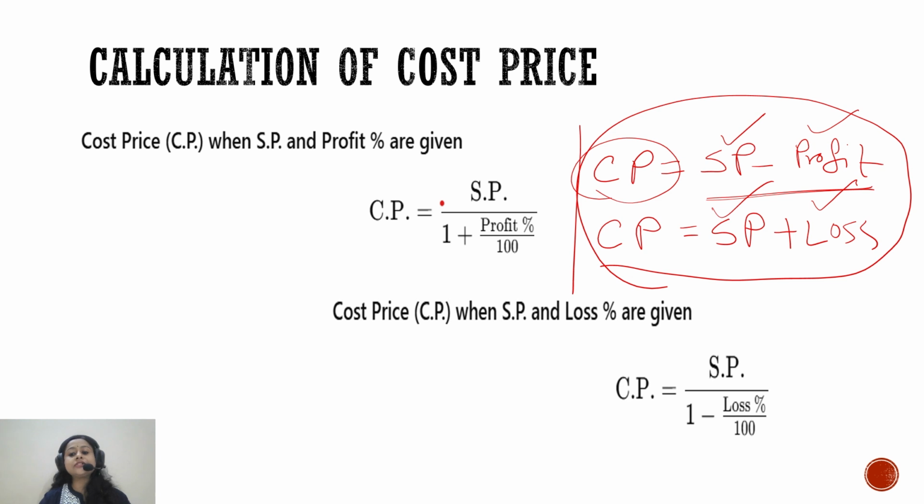Same in case of loss, if loss is given in percentage format, then cost price will be selling price by 1 minus loss percentage. Since it is a percentage, you have to divide it by 100. So these are the two formulas for calculating cost price if profit percentage and loss percentage are given.